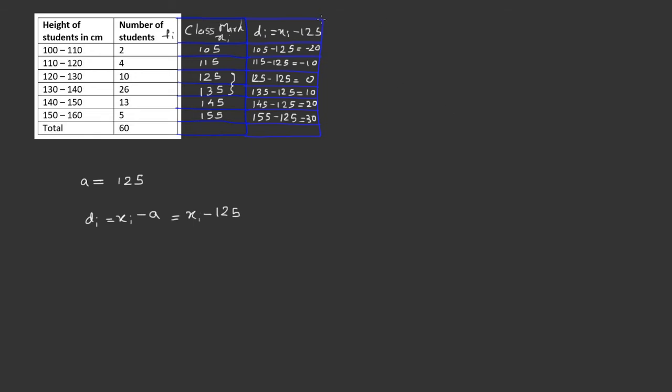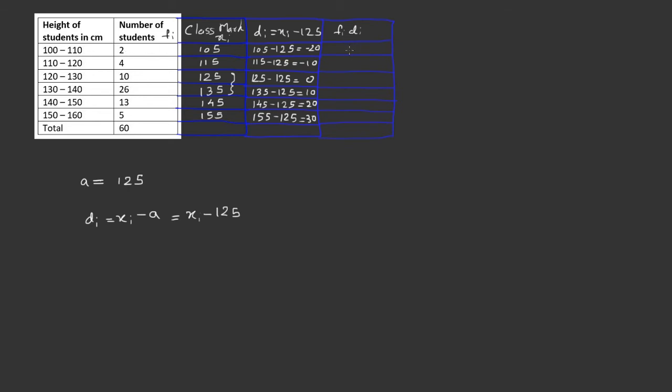Next step is to calculate fi di, to calculate the mean of deviations. So the numbers become much smaller, and we can easily calculate the product fi di here.